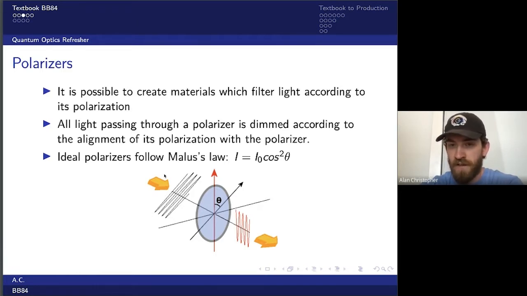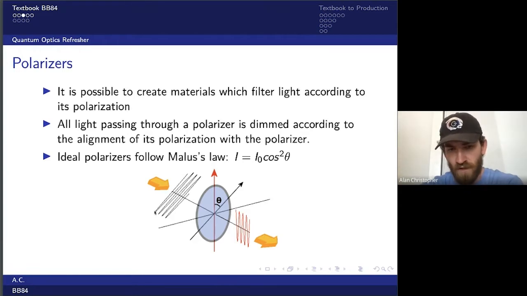And that's going to say that the intensity of the outgoing light is going to be multiplied through by the square of the cosine of the angle between the light's incoming polarization and the angle of the polarizer that you have set up. And this isn't really important to us here, but it also turns out that the light coming out will always be aligned with that polarizer.